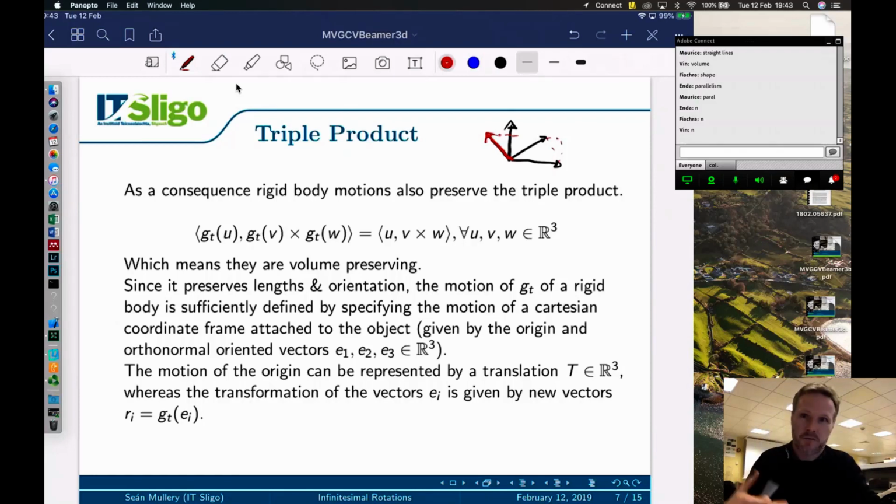Since it preserves lengths and orientation, the motion of a rigid body is sufficiently defined by specifying the motion of a Cartesian coordinate frame attached to the object, given by the origin and the orthonormal oriented vectors. That's just a complex way of saying, instead of me moving this about, I just move the world around it, and its position compared to everything also moves.